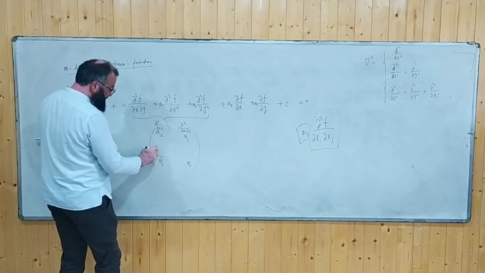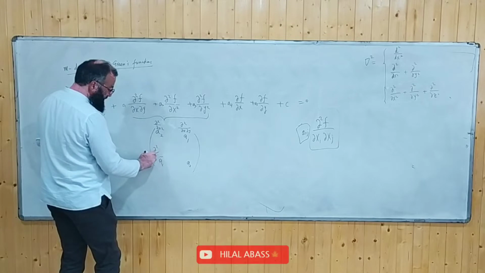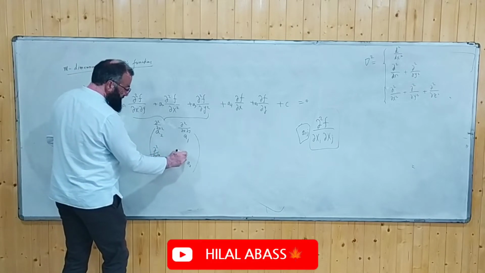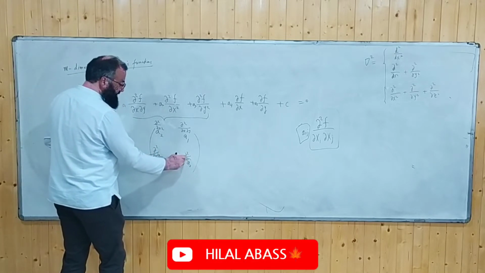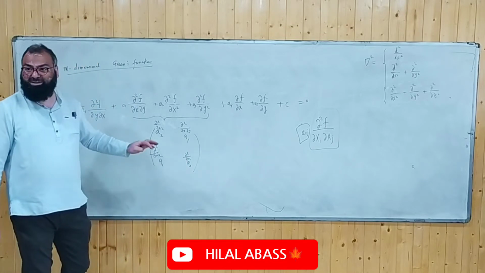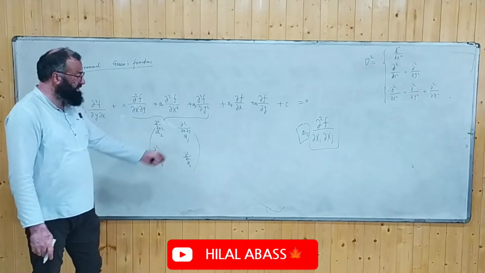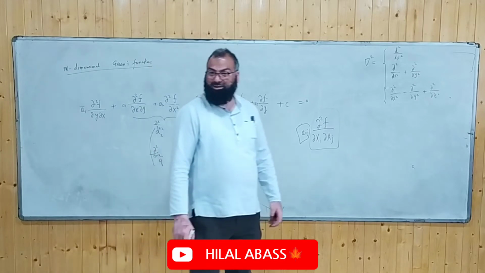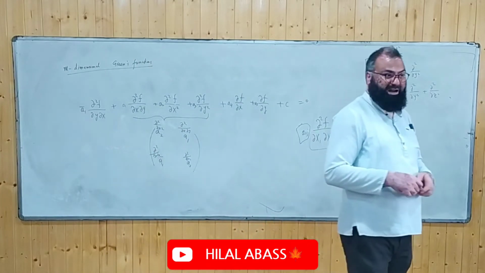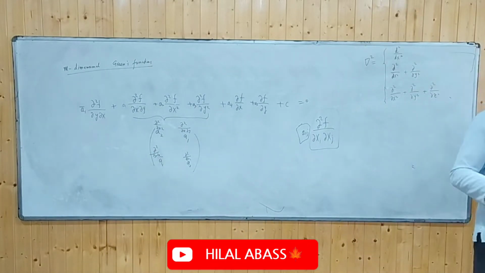It will represent partial 2 by partial y partial x, and this will represent partial 2 by partial y2. Clear? So you can put it in matrix form plus the linear terms. The second order terms you can think of as a matrix. Clear? Got it? This is the way you can think of it.